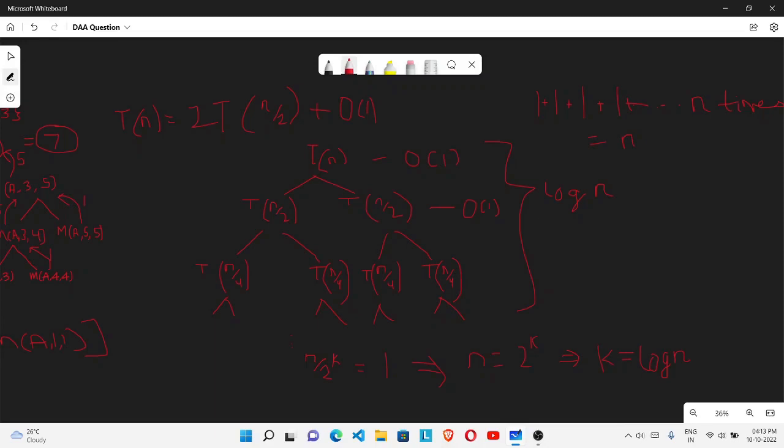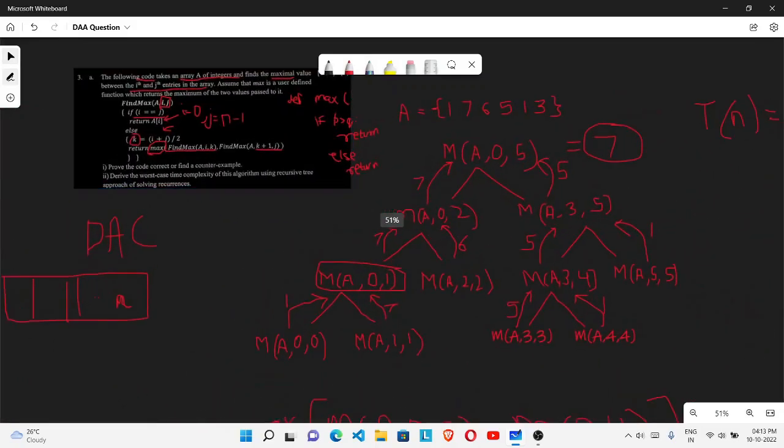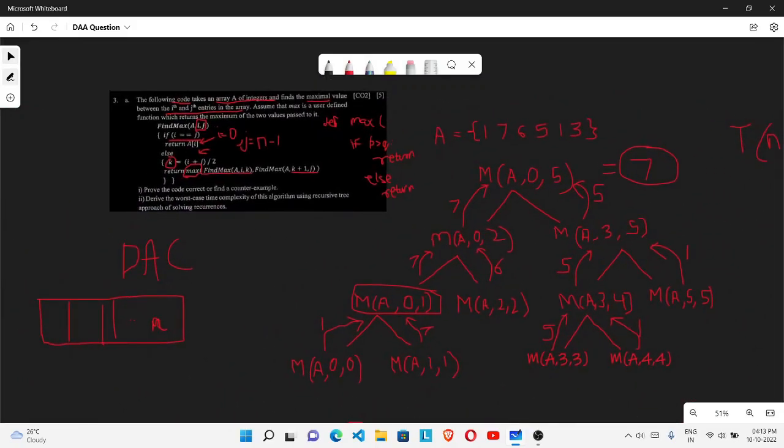You can check, 1 plus 1 plus 1 for 3 times becomes 3. And the height of the tree is logarithmic. So you multiply these two, it becomes n log n. And yeah, that's the complexity for a recursive tree.